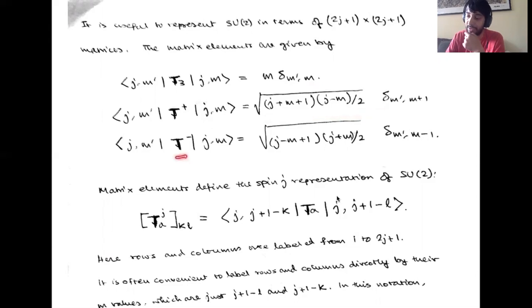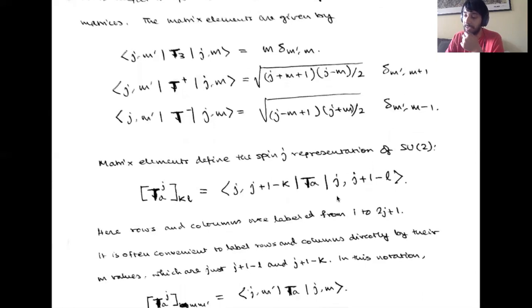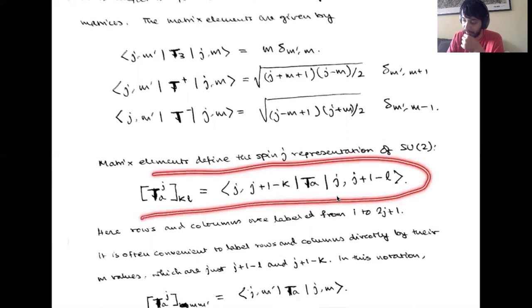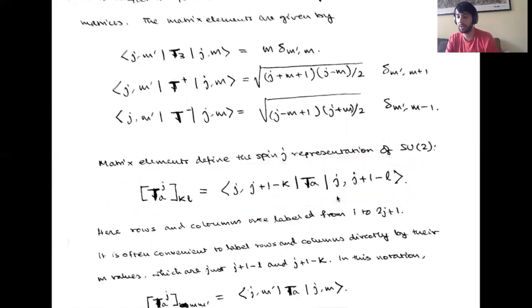And if you have a T minus, again from what we have done just now, we will see that this is this, because this has to be delta m, m minus 1. So what we can do now is define the spin j representation of SU(2) as the following. So this is what we have. If you look at the k-l element, this is going to be given by this form.